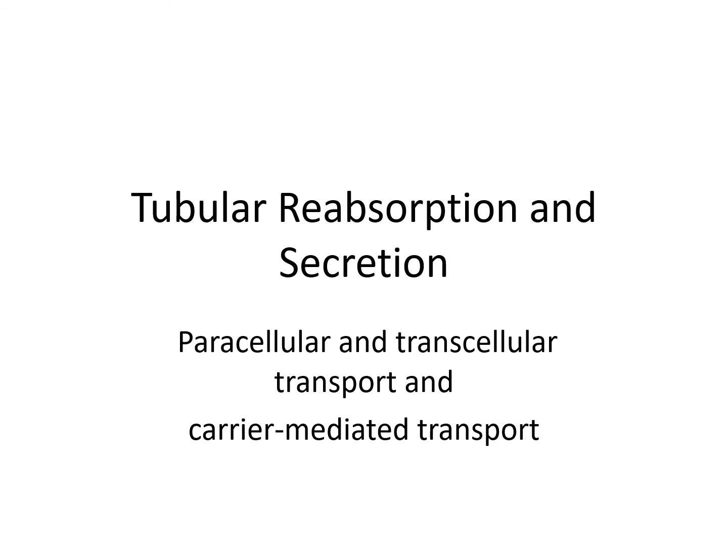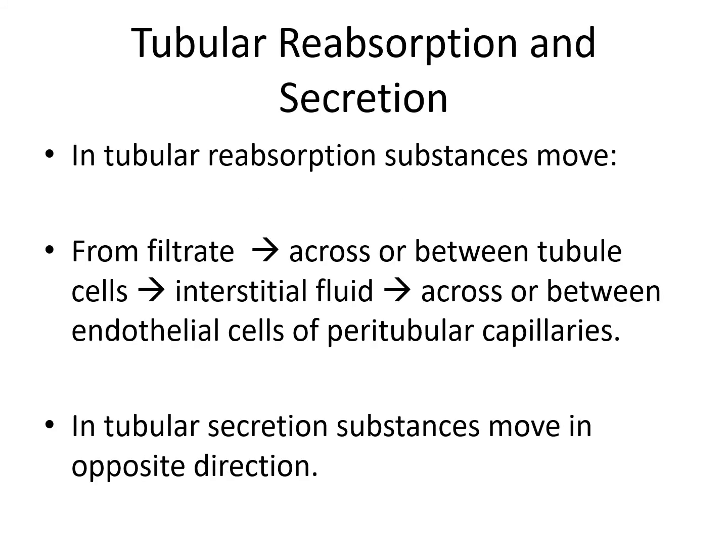Now let's begin our discussion of tubular reabsorption and secretion, which occurs beyond the renal corpuscle. Many of these you might have heard already in SCB 203. For example, it involves paracellular and transcellular transport, as well as carrier-mediated transport for reabsorption and secretion.